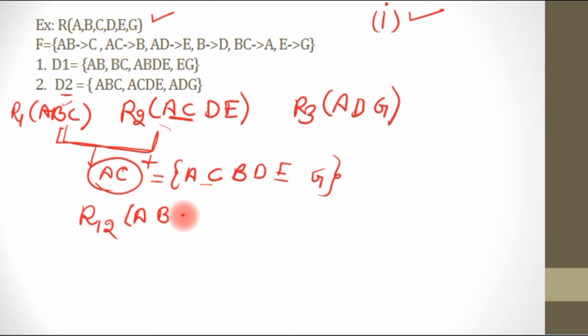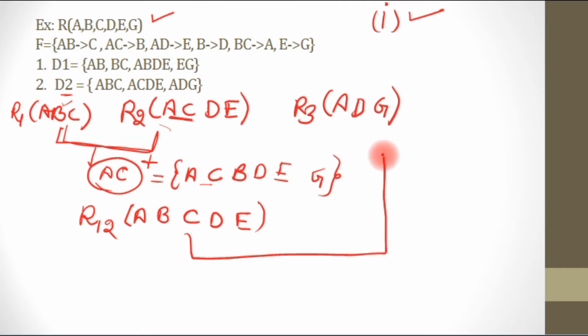Write all the attributes A, B, C, D, E. So now we have to check, can we merge these two relations into one relation or not? So the common attribute between these two relations is AD. Find the attribute closure of AD.